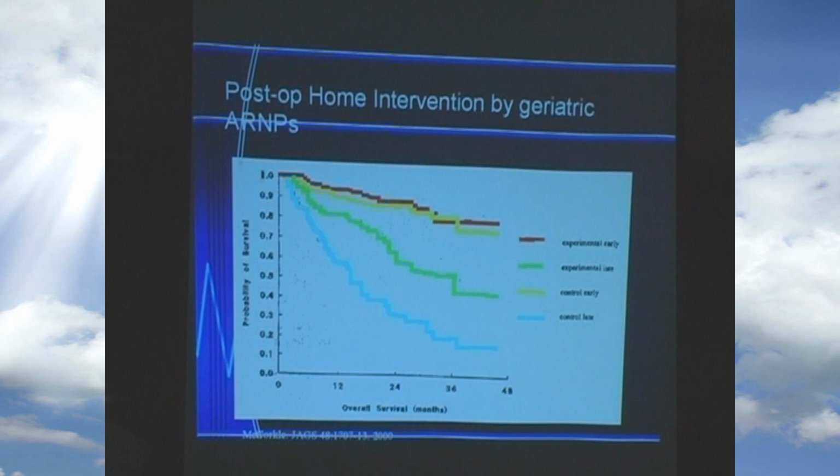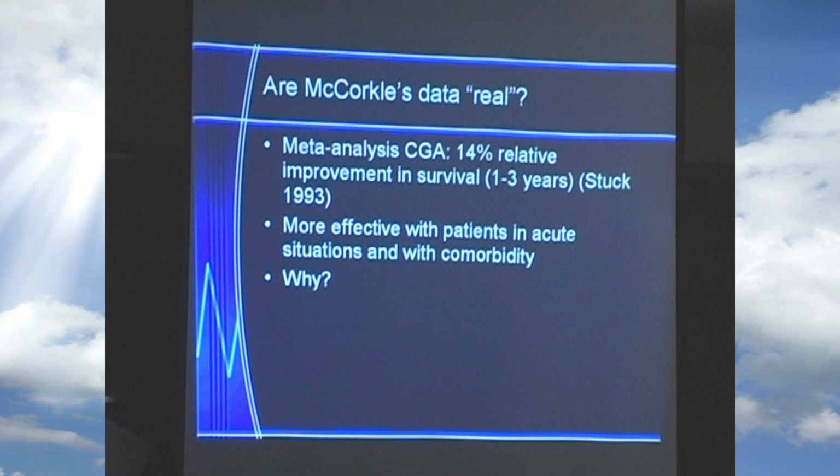How could we explain that? I mean, are these results real? Okay, because if you look at the meta-analysis that STGEC did in '93, well, there is a 14% relative improvement in survival over a follow-up of 1 to 3 years with CGA in geriatric patients.